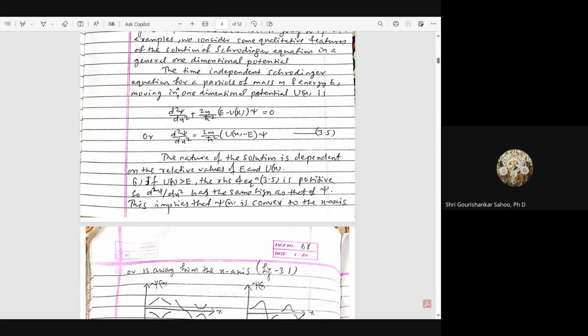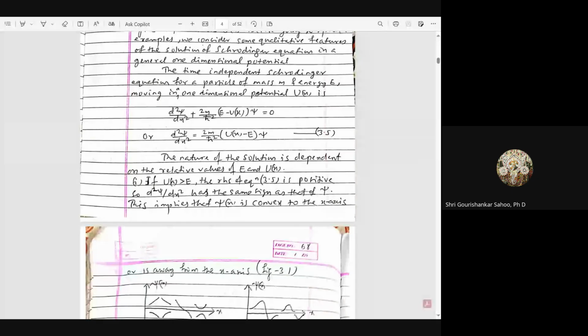If U is greater than E, then the right hand side will be positive, and if U is smaller than E, then the right hand side will be negative. So if U is greater than E, the RHS is positive.